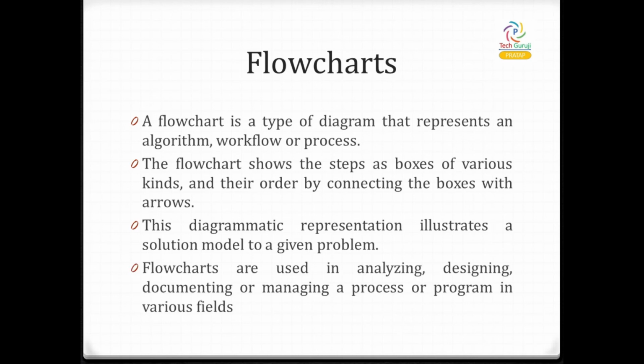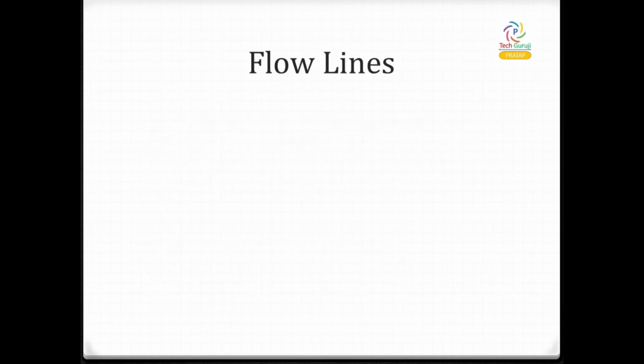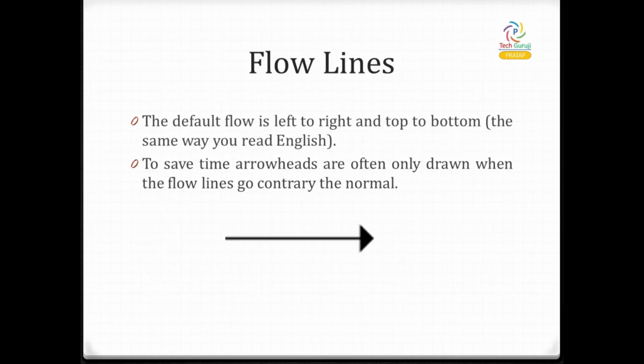Flowcharts are used in analyzing, designing, documenting or managing a process or program in various fields. Flow lines. The default flow is left to right and top to bottom, the same way you read English. To save time, arrowheads are often only drawn when the flow lines go contrary to the normal.